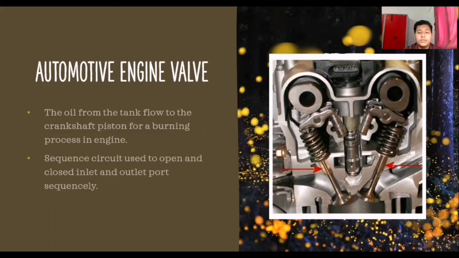For example, the oil in the tank needs to be channeled from the tank to the cylinder before the piston rotates the crankshaft. This sequence is controlled by a sequence valve located in the gas tank transfer line, which helps protect the engine. The sequence circuit is used to open and close the inlet and outlet ports sequentially.